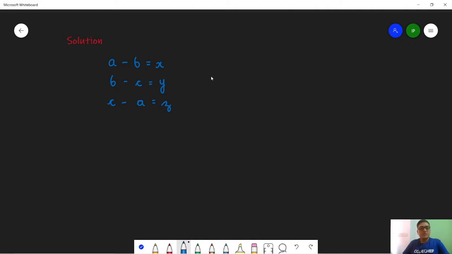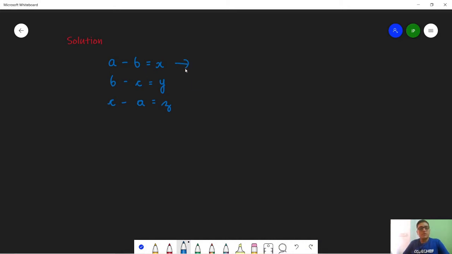Moving on to the solution. For problems like these, we generally try to solve these equations and try to come up with some condition that will help us figure out whether the answer exists or not. So let's solve this equation. Let's get the values of C and B from the first and third equation and put them in the second one.